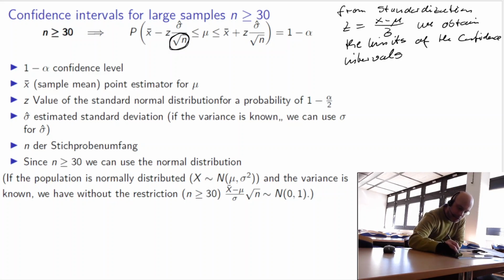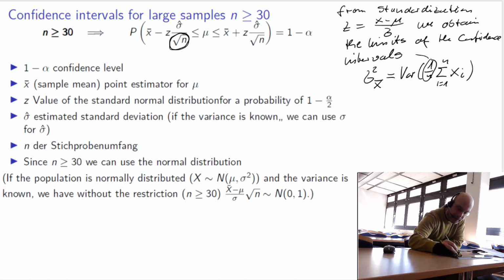So we want to calculate the variance of the mean x bar. What is this? Variance of 1 over n sum over xi, i from 1 to n.